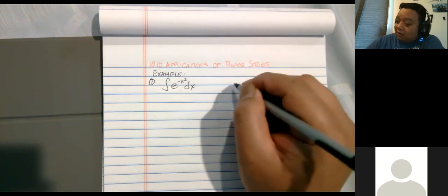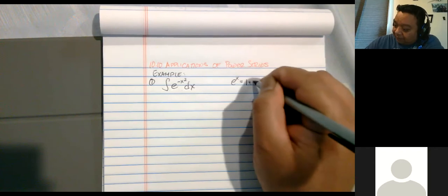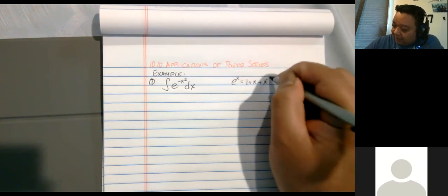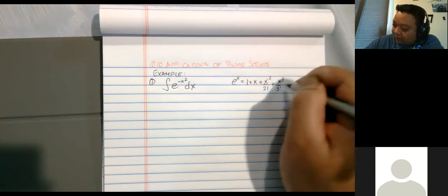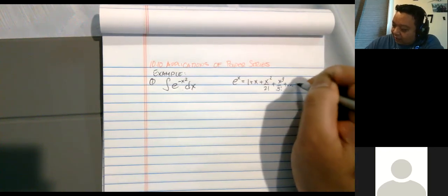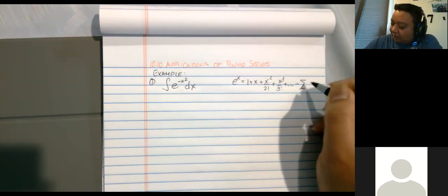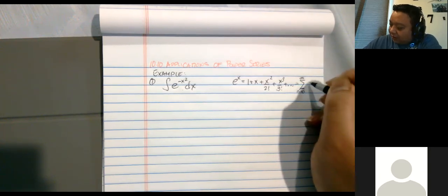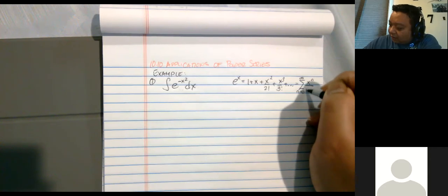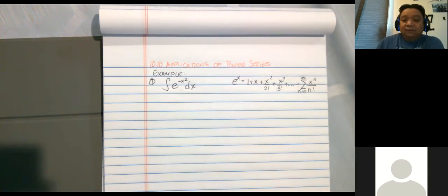So now recall e to the x is 1 plus x plus x squared over 2 factorial, x cubed over 3 factorial, dot, dot, dot, which is the power series from 0 to infinity of x to the n over n factorial. Okay, so that's the e to the x.